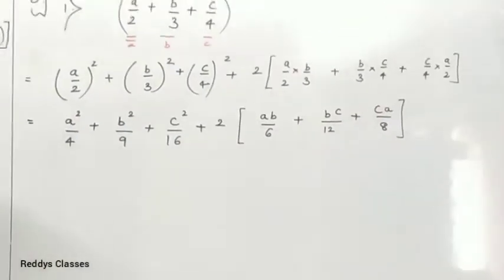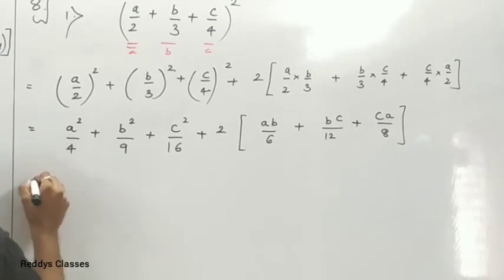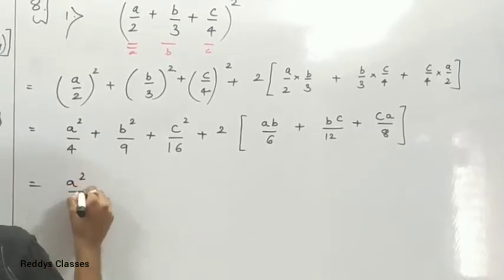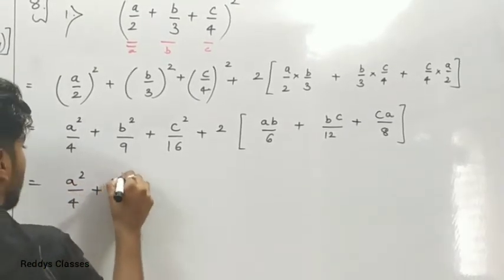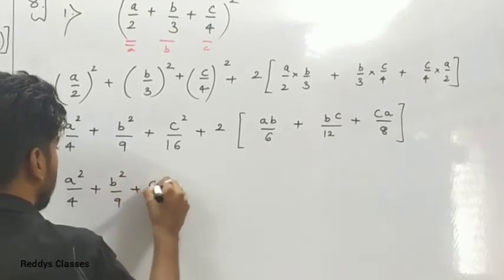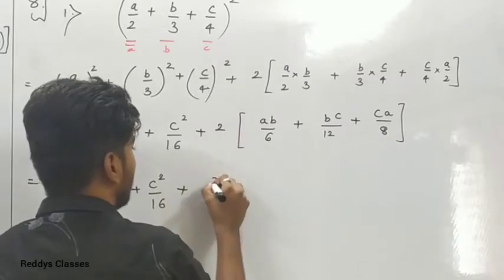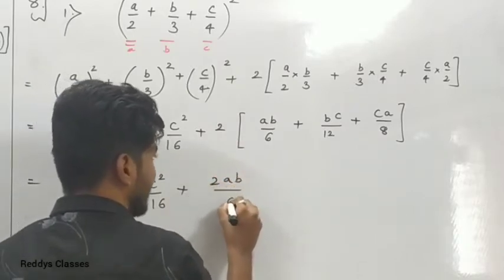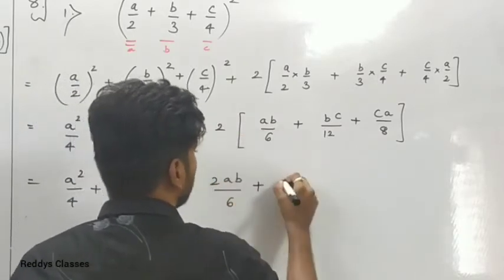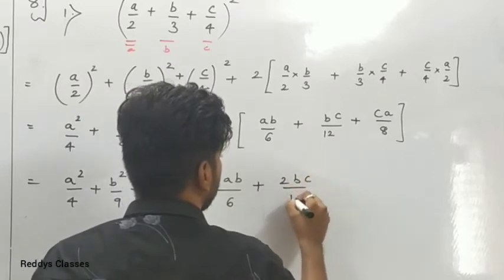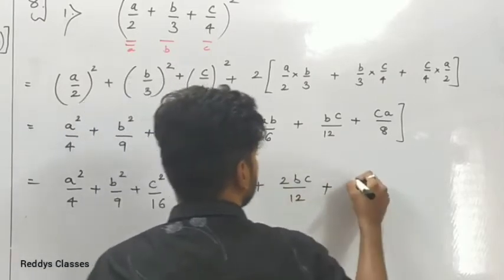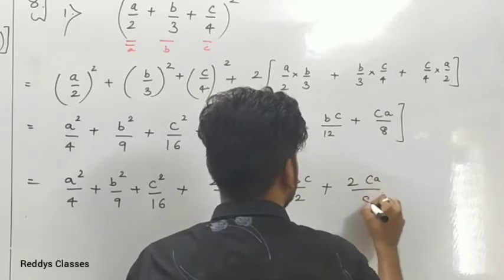Here I have the value. So let us see now what is going to happen. a square upon 4 plus b square upon 9 plus c square upon 16 plus 2 into ab, 2ab upon 6, plus 2 into bc upon 12 plus 2 into ca upon 8.